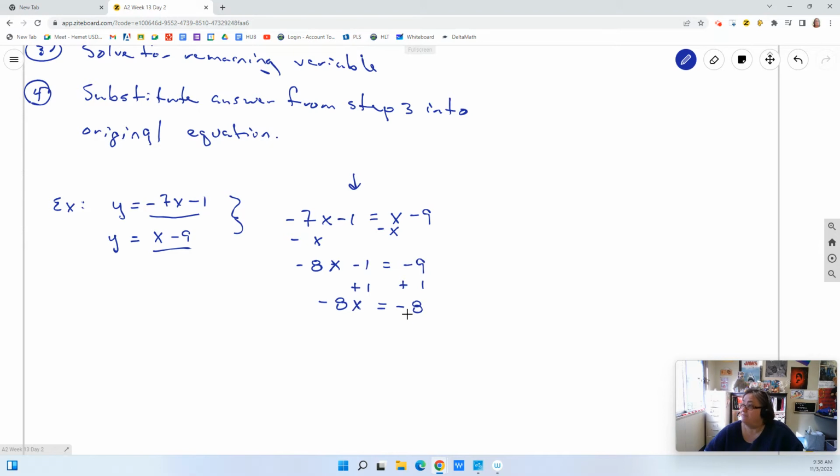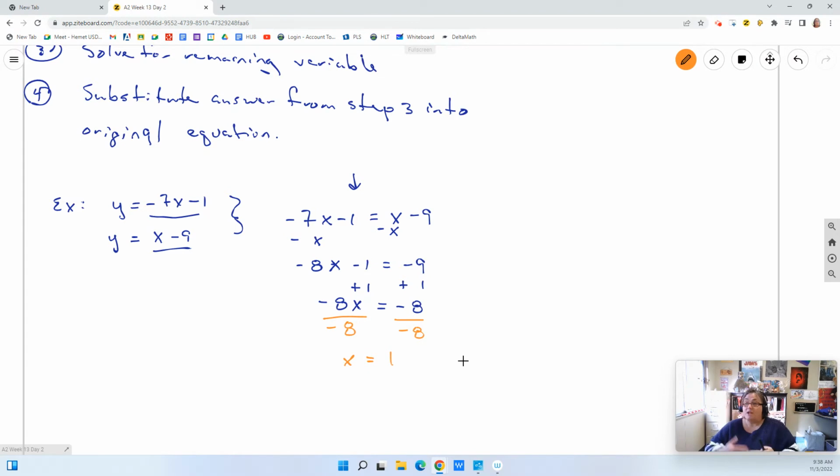The only thing I have left going on here is that negative 8 being multiplied to x. So I'm going to divide both sides by negative 8, because that is the opposite of multiplication. And I'm going to get that x equals negative 8 over negative 8, which is just positive 1. Anything over itself equals 1.